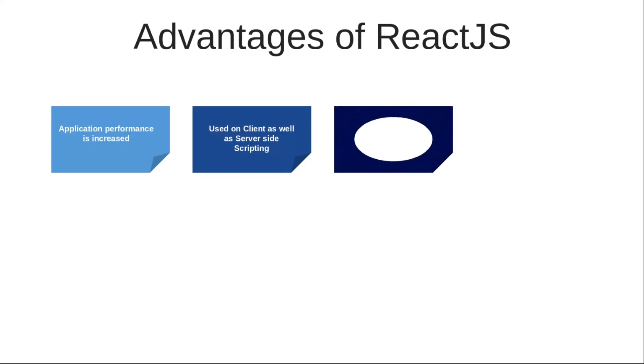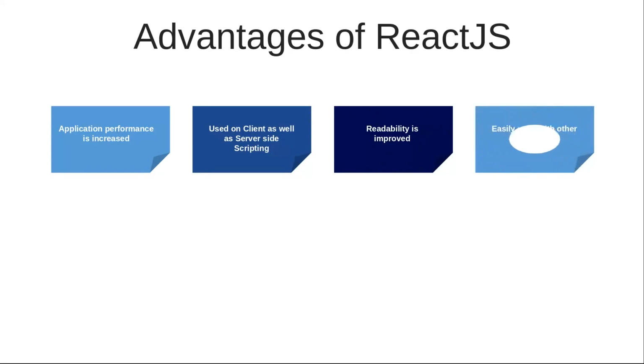Readability of the program is also improved, and it is easily used with other frameworks. That is, we can easily use React.js along with Java frameworks like Spring MVC and Spring Boot, and it can also be used with languages like ASP or PHP or any other web application. So with any of these, we can use React.js.